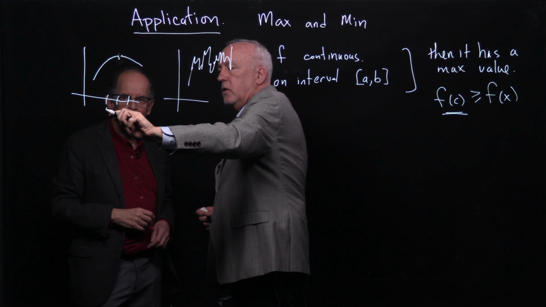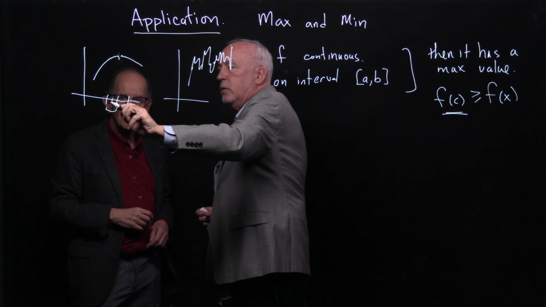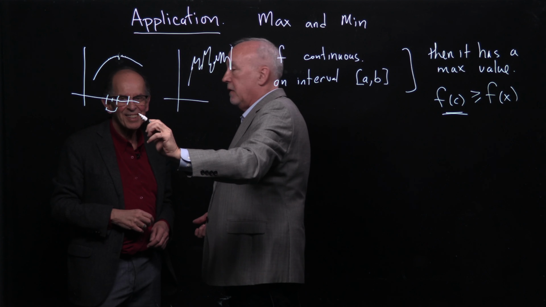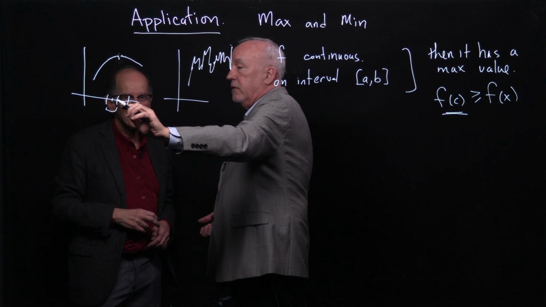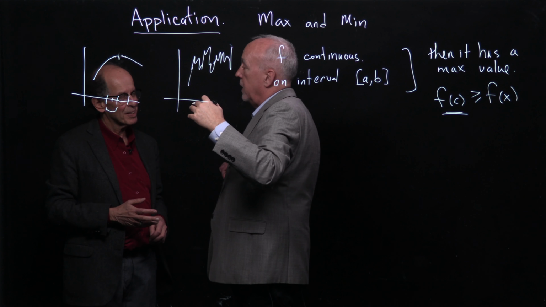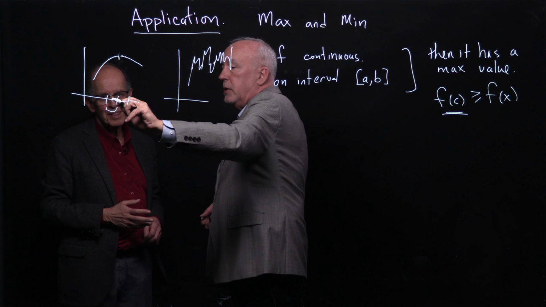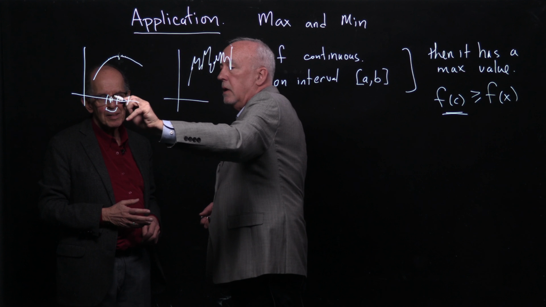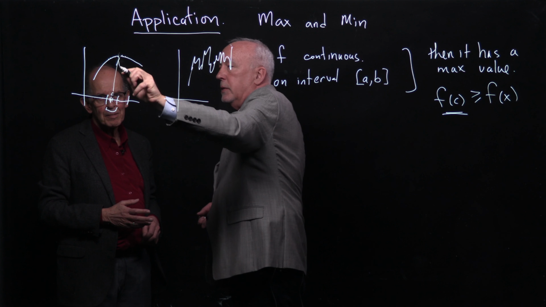So I'll take this interval, then I'll chop it in half, say which half has infinitely many points. Again, one of them has to have infinitely many, because if they both have only finitely many points, then I only started with finitely many points. So I keep on chopping and chopping and chopping, and this finally squeezes down to a single point, and that's going to be the point where the maximum is.